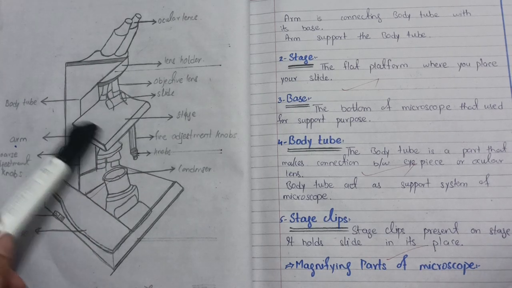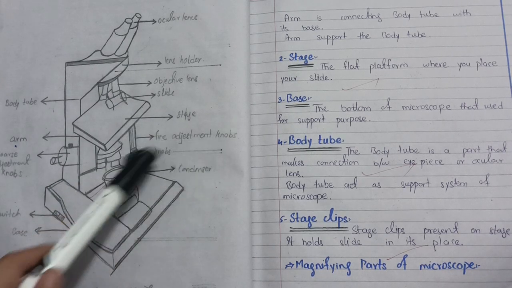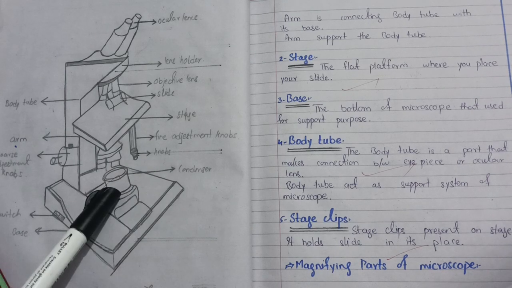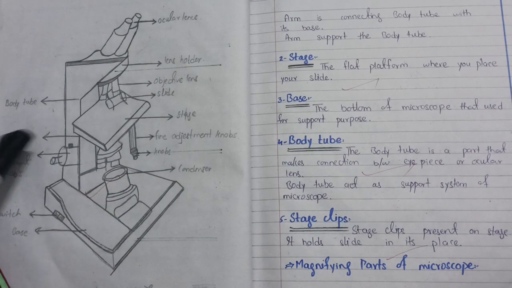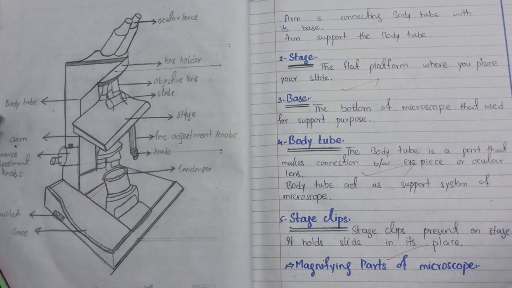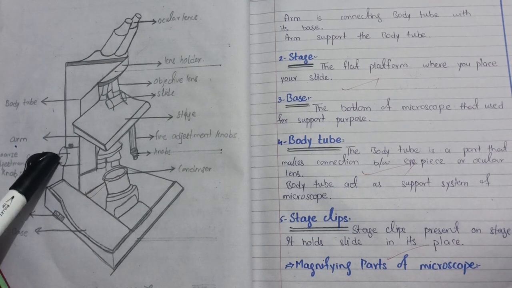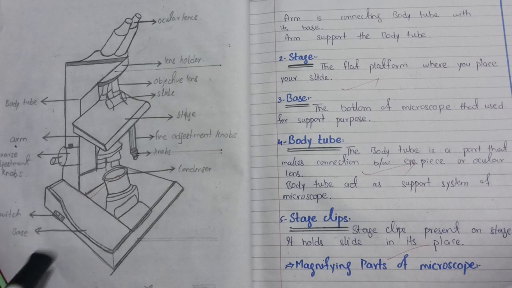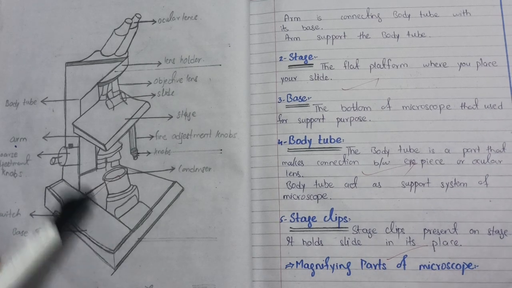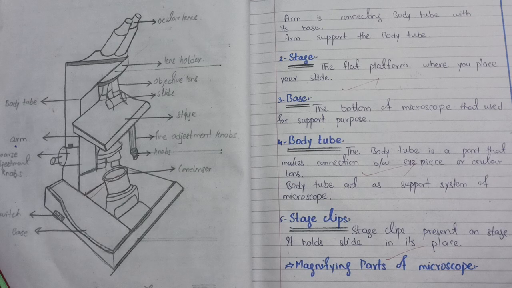On this stage clips are present, fine adjustment knobs are present, the condenser is given here. This is the arm. This is the body tube. The coarse adjustment knob is also available. This is the switch, and this is your base. So these things are present in the compound microscope.